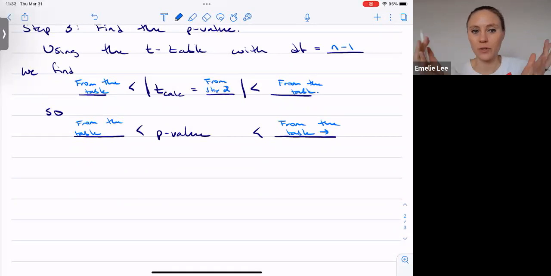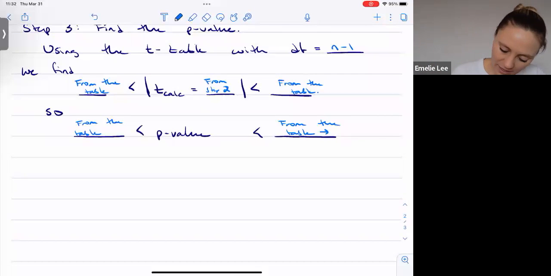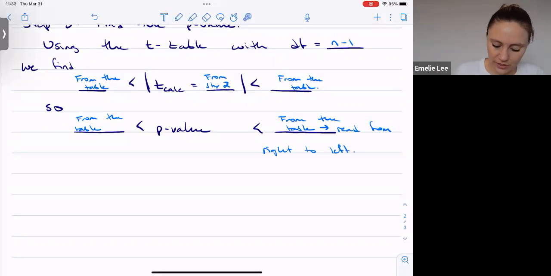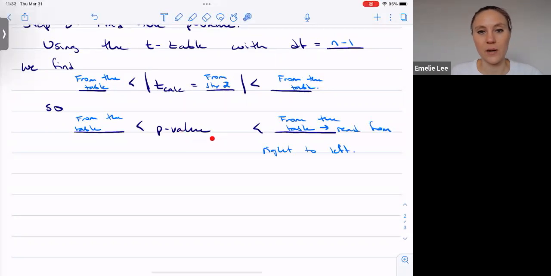Remember the curve looks like a normal curve, so you can just draw a normal curve and move your t out further into the tail, from 0 out to infinity, and it still behaves the same way. The area in the tail is getting smaller and smaller, so we have to read it from right to left. Otherwise, you're going to have a turned around range for the p-value.